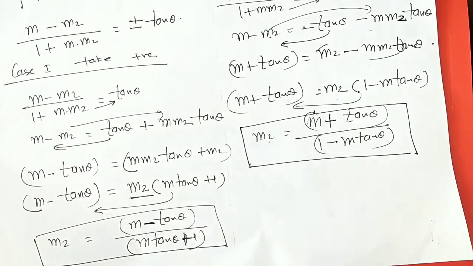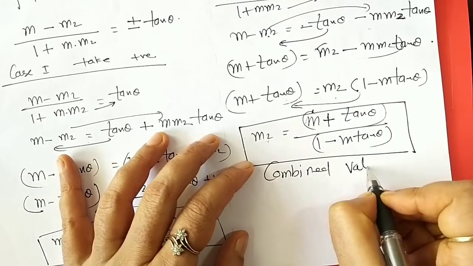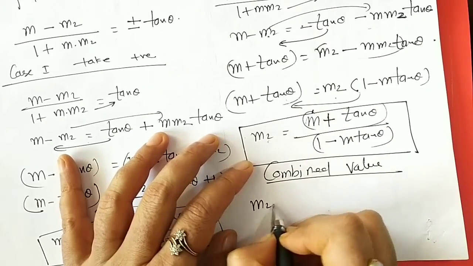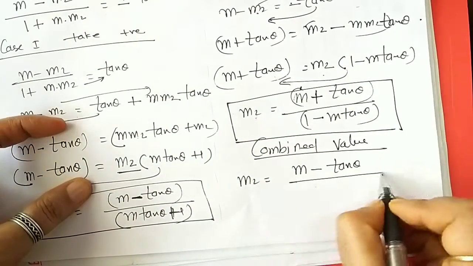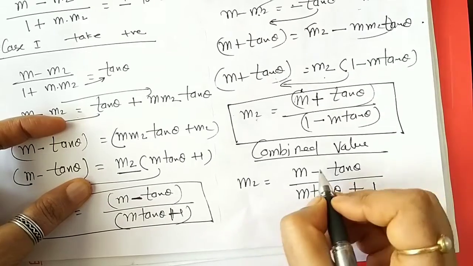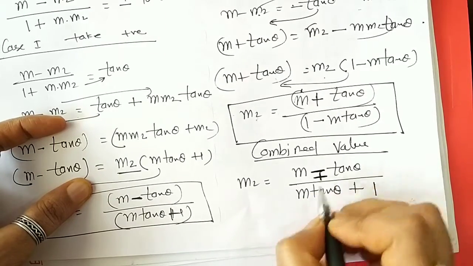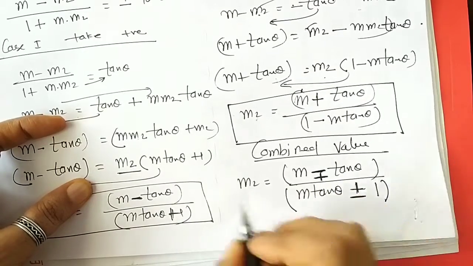So if I write the combined form, can I write m2 is nothing but (m minus tan theta) by (m tan theta plus 1), but if you take plus instead of minus, then this plus becomes minus. This is my combined value.